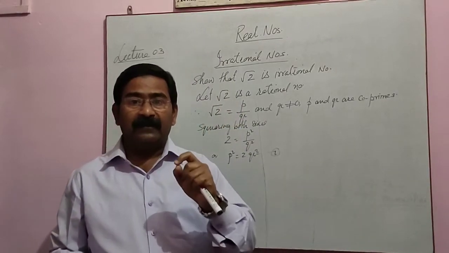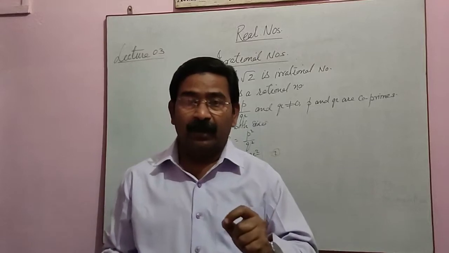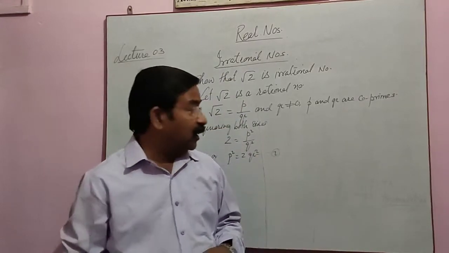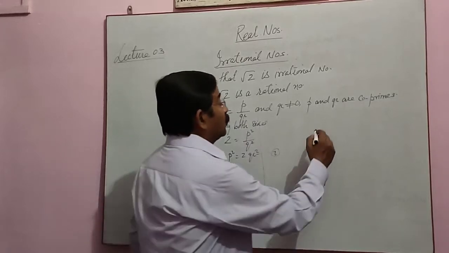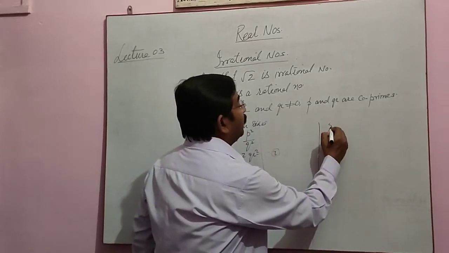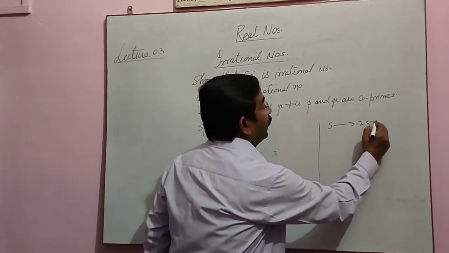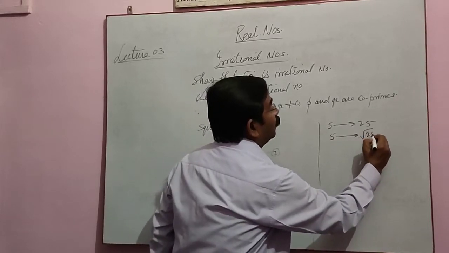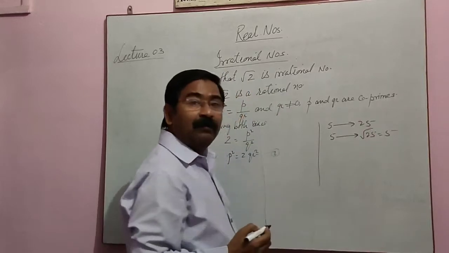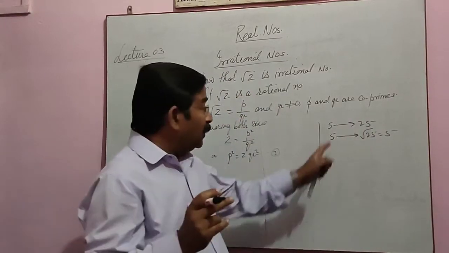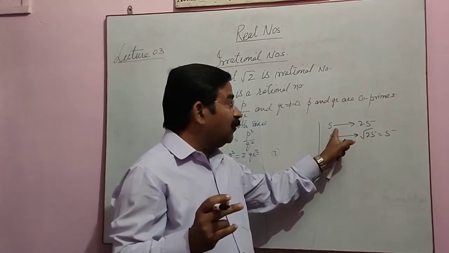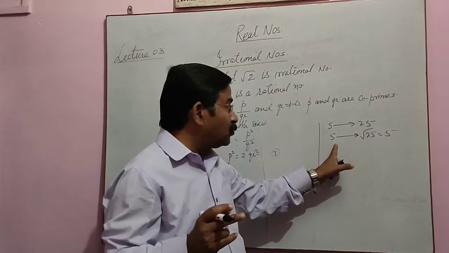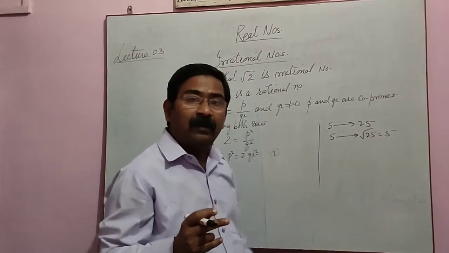If a number is a factor of any perfect square number, then the same number is a factor of its square root. Suppose 5 is a factor of 25, then 5 is also a factor of root 25, that is 5. What I told: if 5 is a factor of this perfect square number 25, then 5 is also a factor of its square root, that is 5.